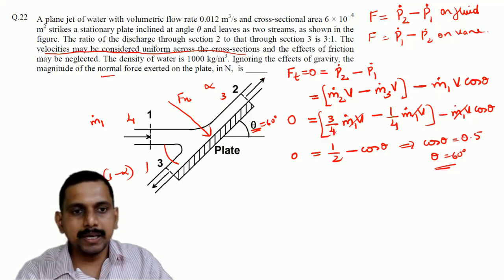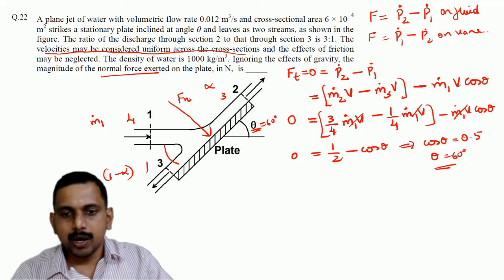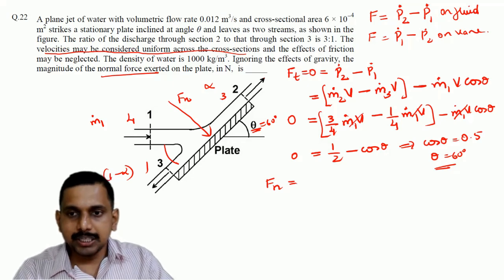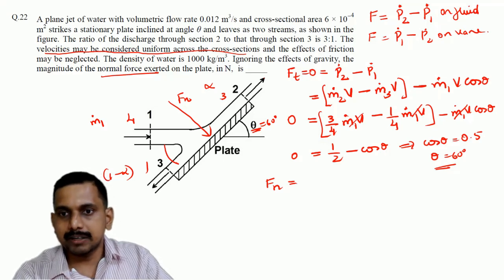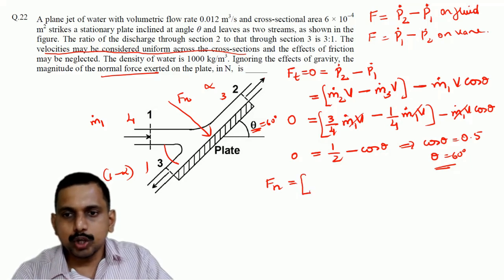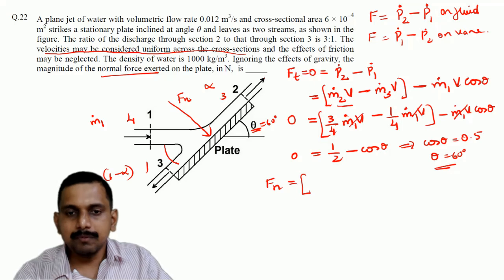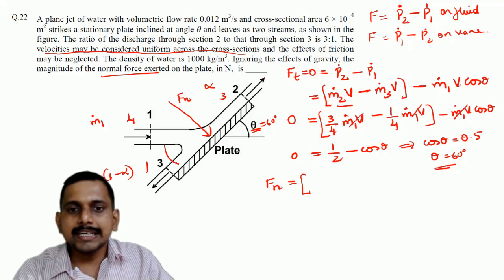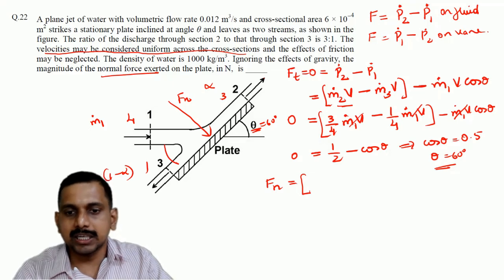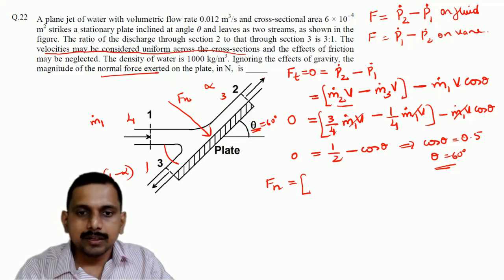That is the main question, normal force. Now Fn can be calculated from the forces in the normal direction. We are taking P2 minus P1, that is on the fluid. Now for P2, M2 dot V, what is going out is 0 because the angle is 90 degree on the normal side.